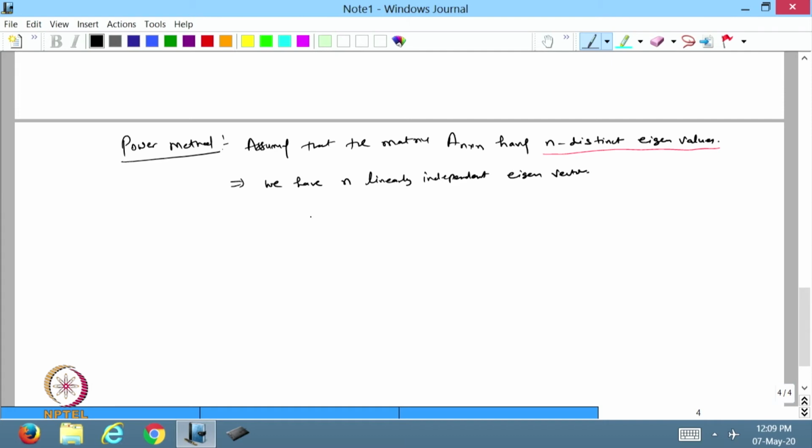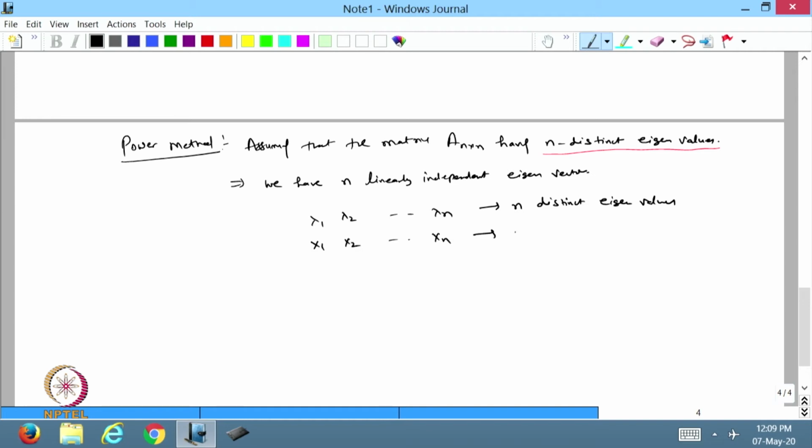So, we have lambda 1, lambda 2 up to lambda n, these are n distinct eigenvalues, and I take them as V1, V2, Vn, or we can take these as x1, x2, xn.